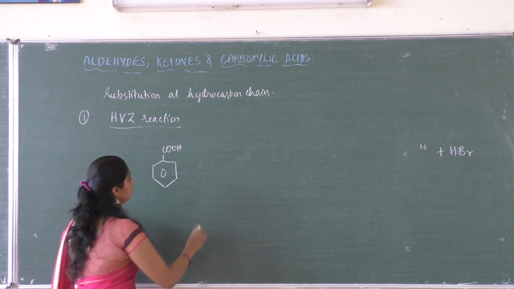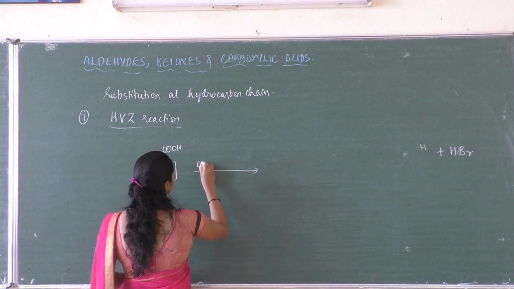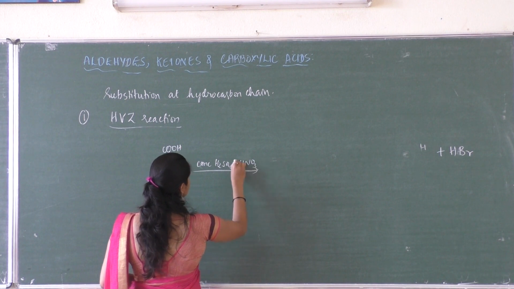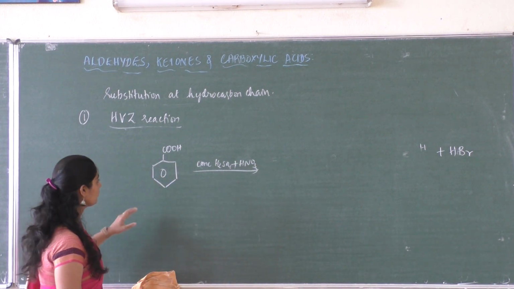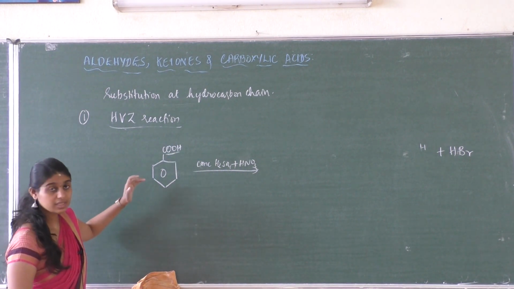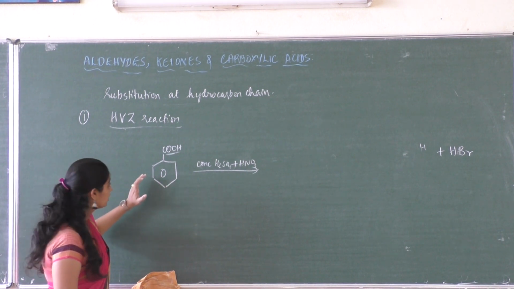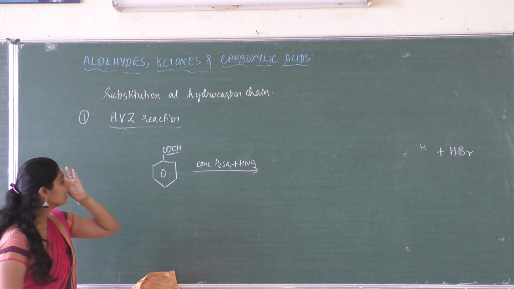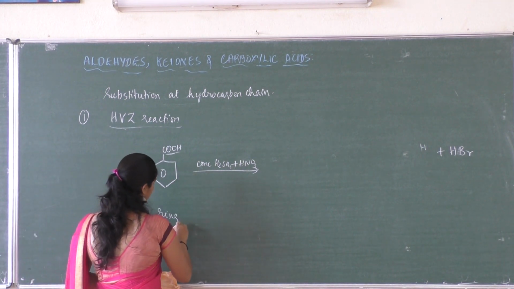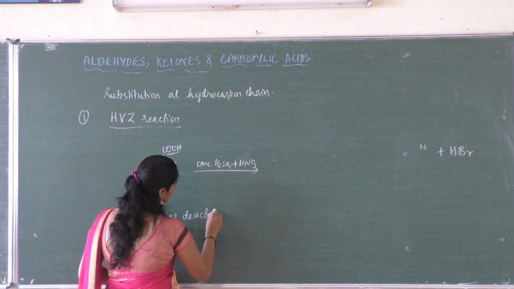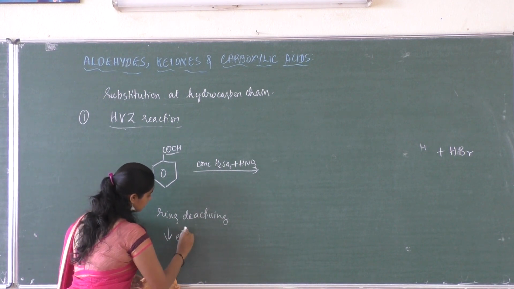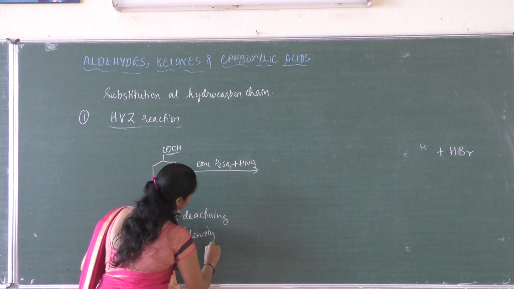Benzoic acid, when it is treated with the mixture of concentrated sulfuric acid and nitric acid, the nitrating mixture. So you need to remember that this carboxylic acid, similar to aldehydes, both are ring deactivating groups, and they decrease the electron density at ortho and para positions.